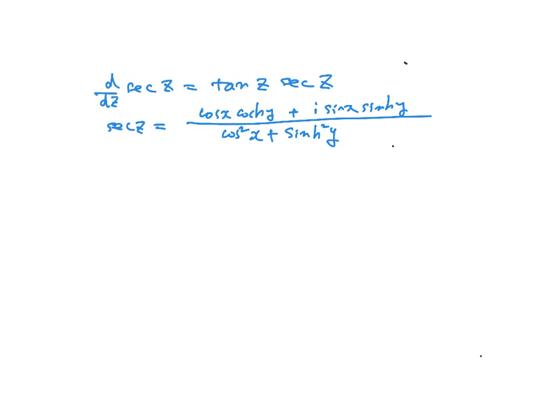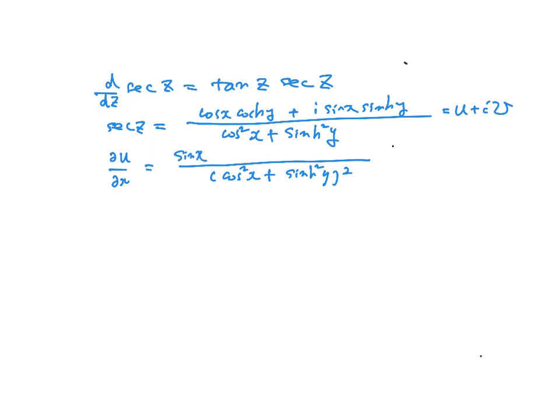So let's just go back to our previous class and use the result. We obtained partial x partial u. I'll just simply write down the result. Cosine squared x plus sine hyperbolic squared y, and sine x cosine hyperbolic y, cosine squared x minus sine hyperbolic squared y.